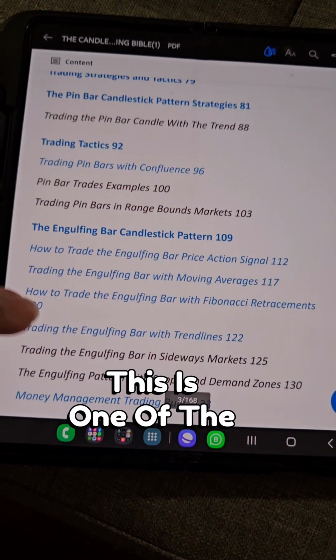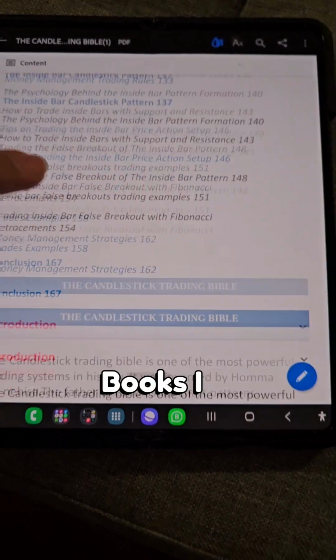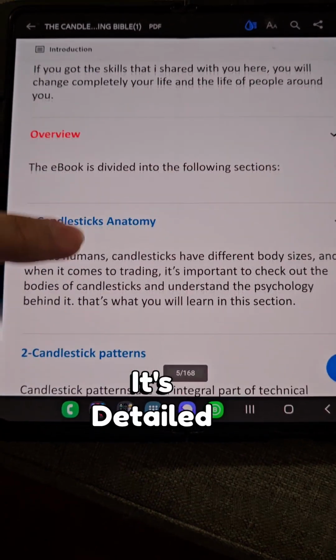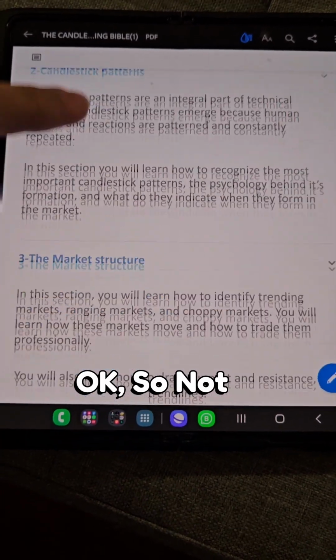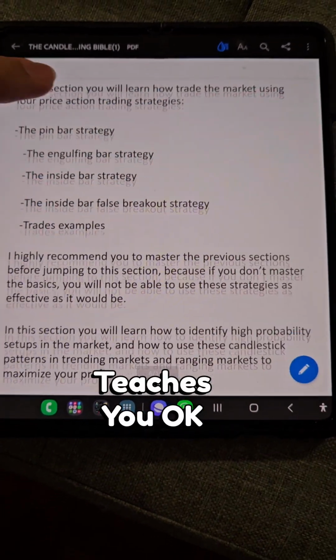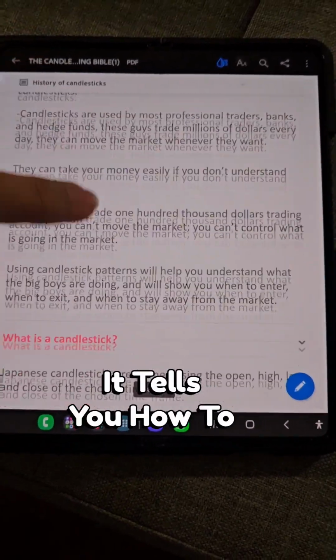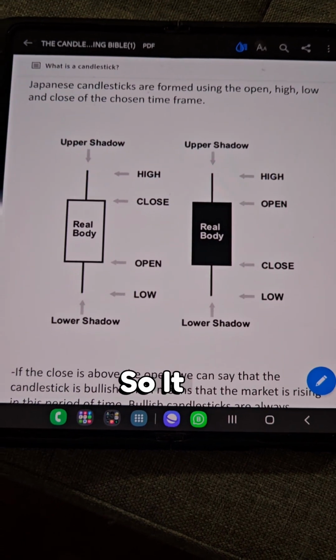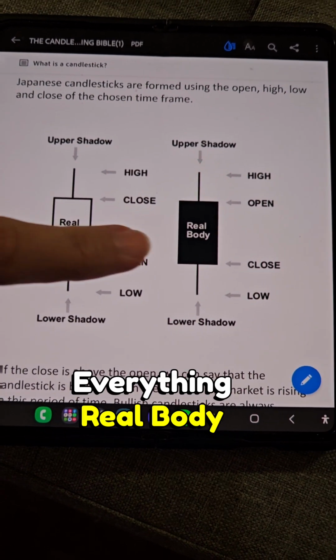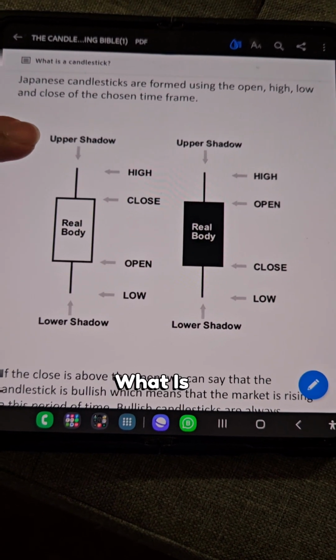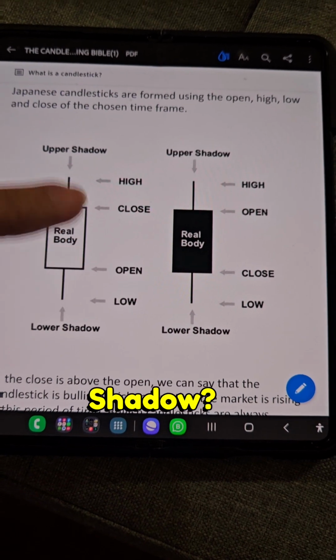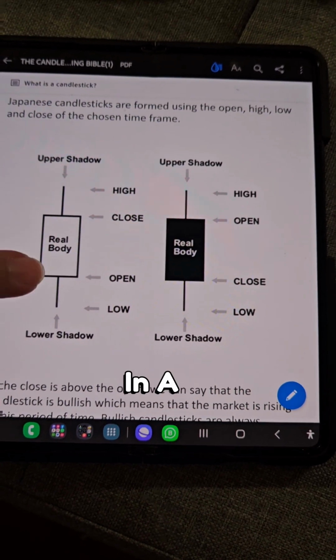This is one of the most fantastic books I have ever seen because it's detailed with practice. Not only does it teach you, it also tells you how to practice it. It explains everything: the real body, the upper shadow, the lower shadow, what everything in a candle means.